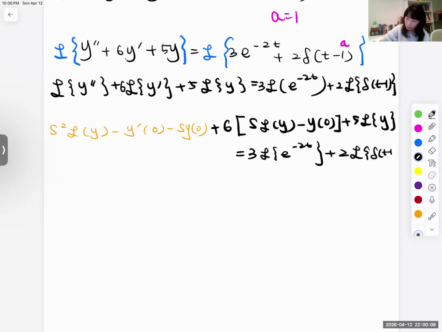Laplace of t minus 1. Okay, so we knew that Laplace of y is Y of s. Then we solve for Y of s later.